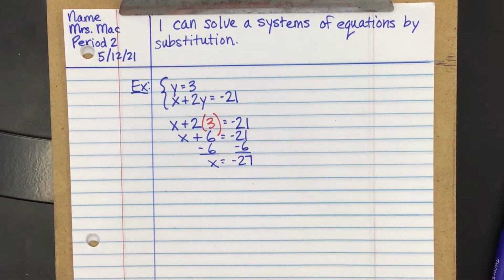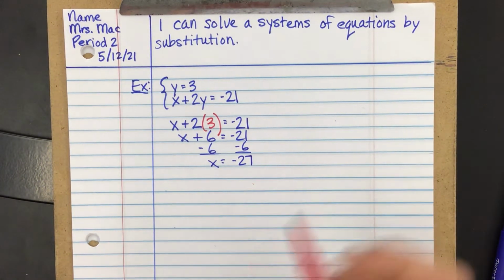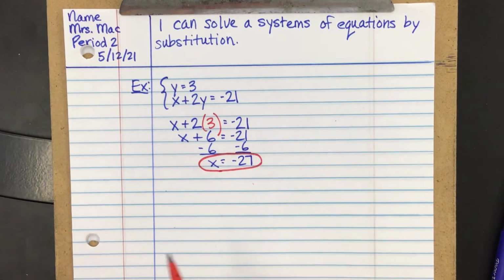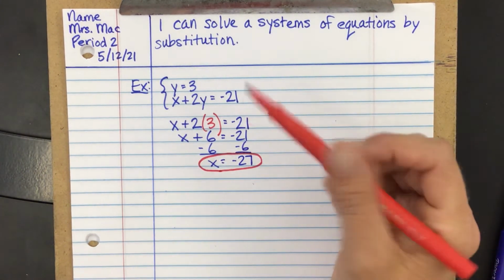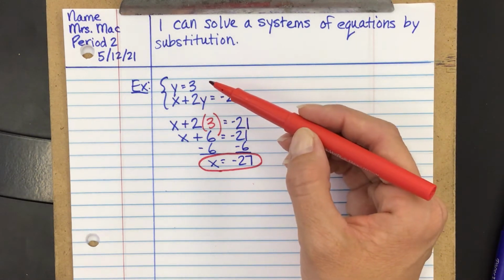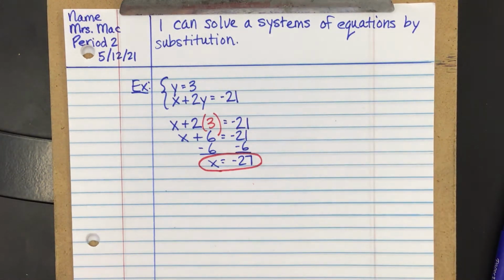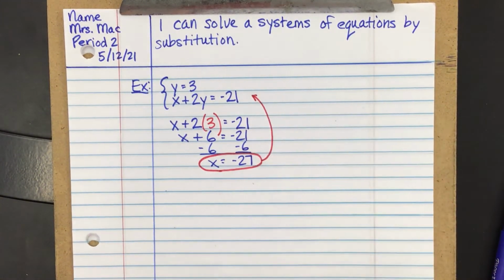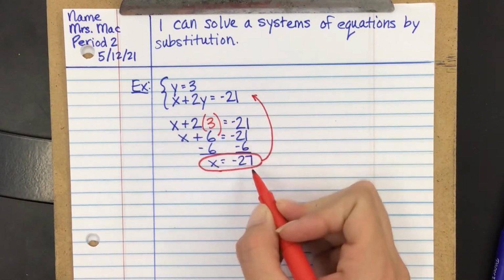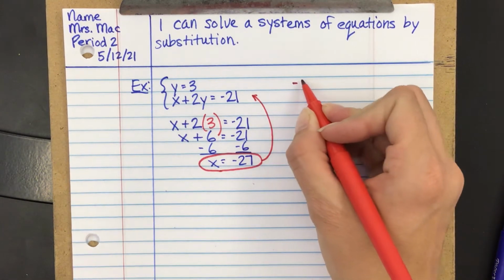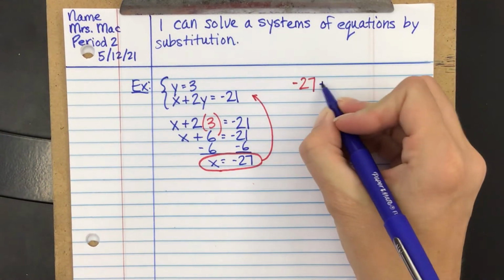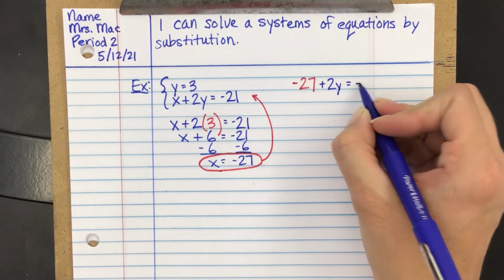Okay, so here I have my first piece of information. I know that x is negative 27. Now, obviously y is 3 because it tells you that. But in the case that you don't have it, we would just take the x value and plug it into this equation. So instead of x, I would put negative 27 plus 2y is equal to negative 21.